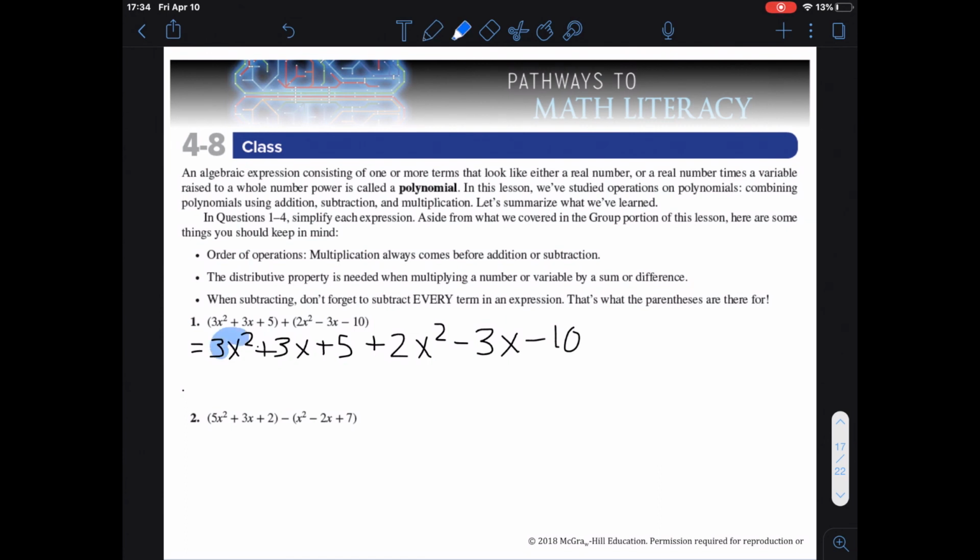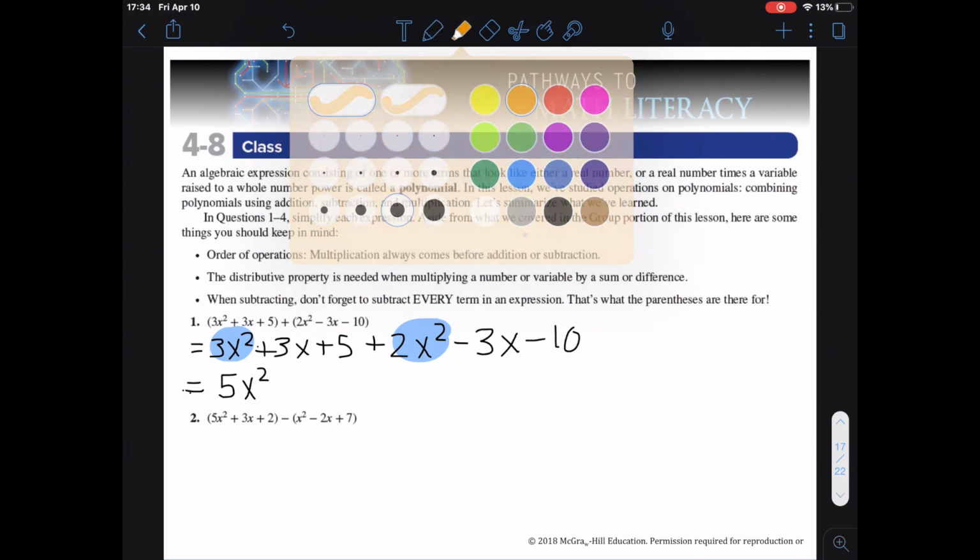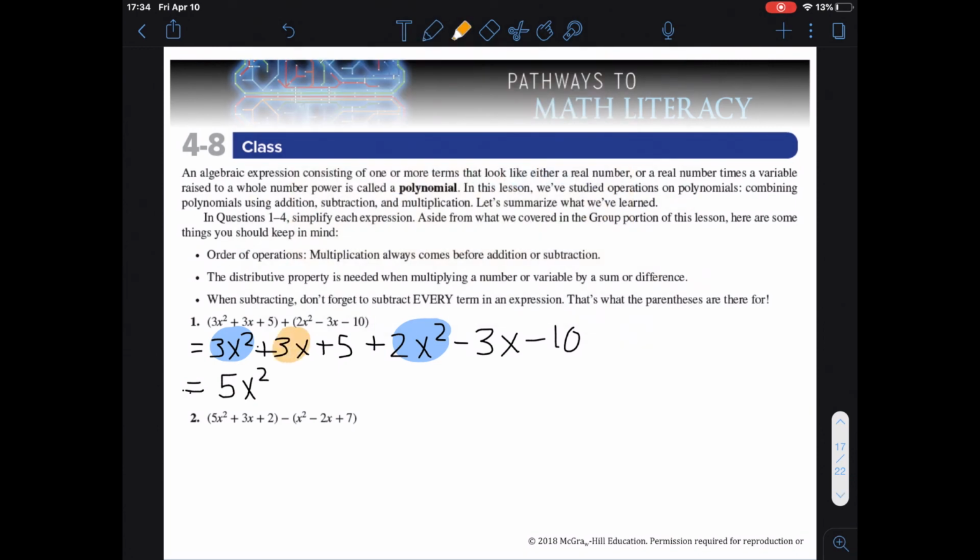Now I'm going to combine my like pieces. So I have 3x squared plus 2x squared. In total, we have 5x squared terms. When we look at x's, we have 3 x's, but we're subtracting 3. So technically you have 0 x's, but you don't need to write that. Those really just cancel each other out. And then finally, we have this plus 5 minus 10, so that combines to minus 5.